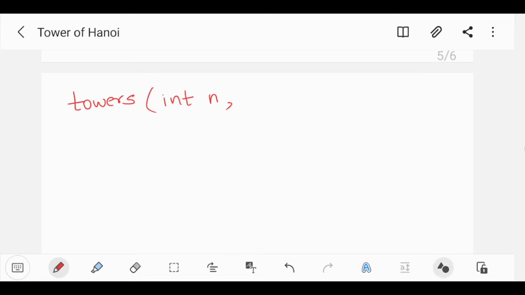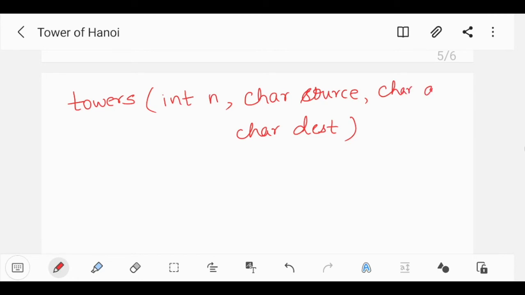So let's assume I am told what is the source, what is the destination, and okay, I should also be told the auxiliary. So let's put the auxiliary also as an argument. Okay, so this is my prototype. The name is towers. There are 4 arguments: the number of disks, the source, the auxiliary, and the destination peg names.